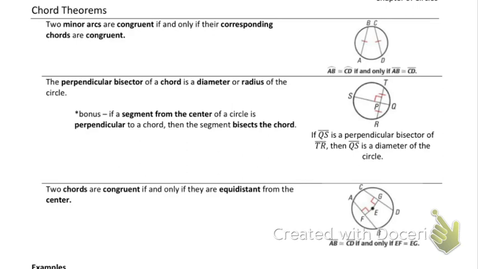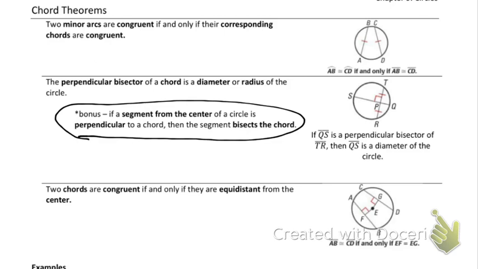I also want to bring in that bonus fact really quick. That bonus fact says, if a segment from the center of a circle is perpendicular to a chord, then the segment bisects the chord. I'm going to do that drawing on here. Notice GE is perpendicular to CD. Based upon that extra fact, we would then know that CG is congruent to GD.